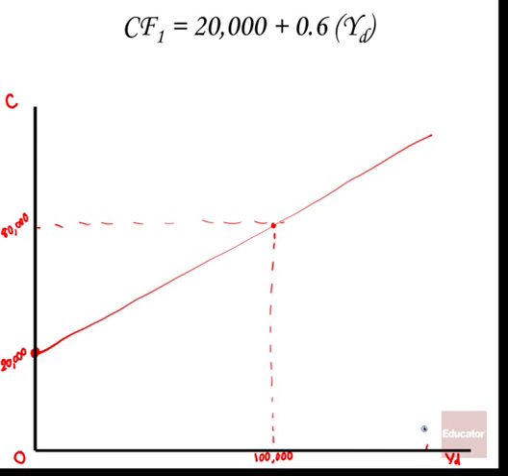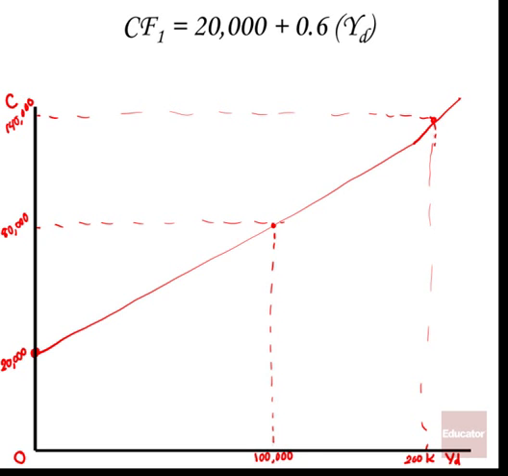And then let's say this is 200K, and now you get $140,000.